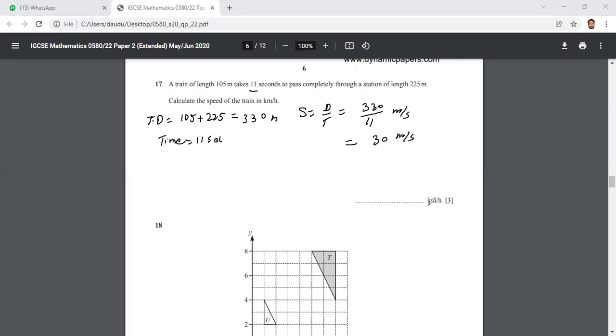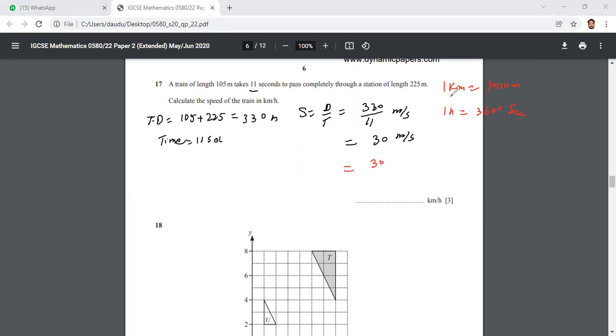But we are looking for the answer in kilometers per hour. So we know that in 1 kilometer we have 1000 meters, and in 1 hour we have 3600 seconds. So remember that here we have 1 meter. That 1 meter, basically what?